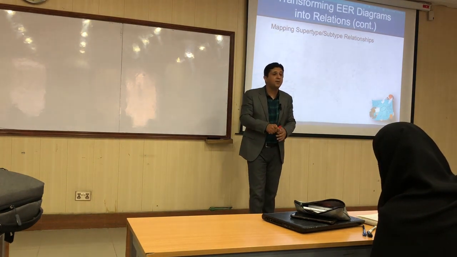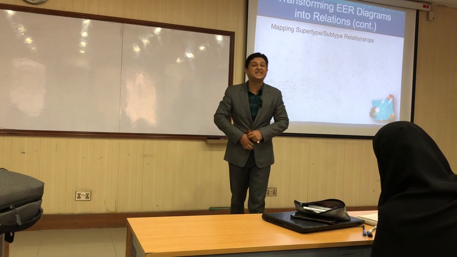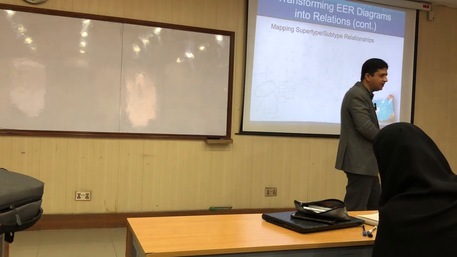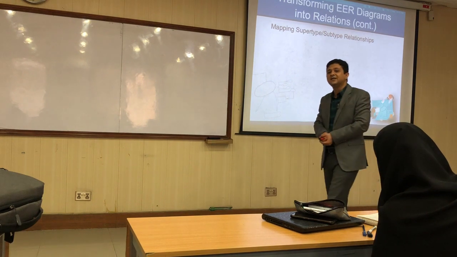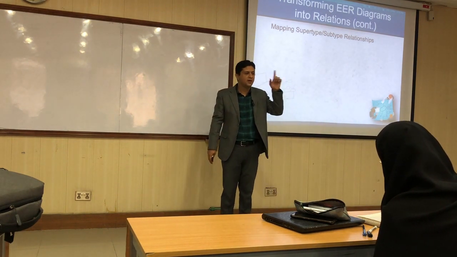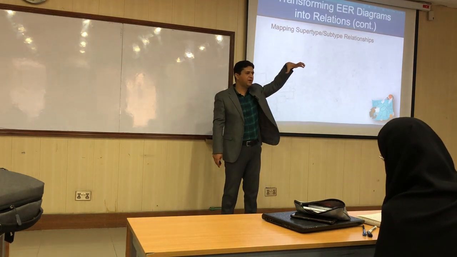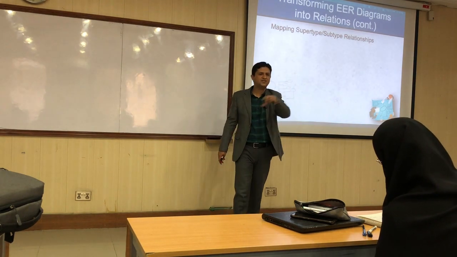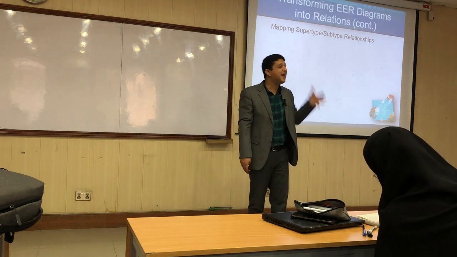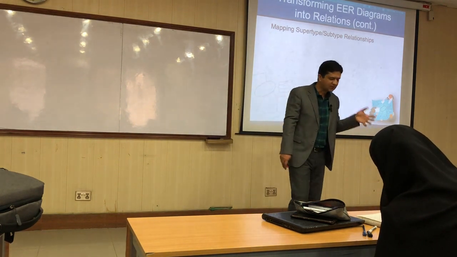And number two, we cannot change the value, because we cannot change the value of a primary key. So now this value cannot be changed. So whenever there is a supertype-subtype relationship, number one, the primary key of the supertype would be added to all of the subtypes, and that would act as a foreign and as a primary key.